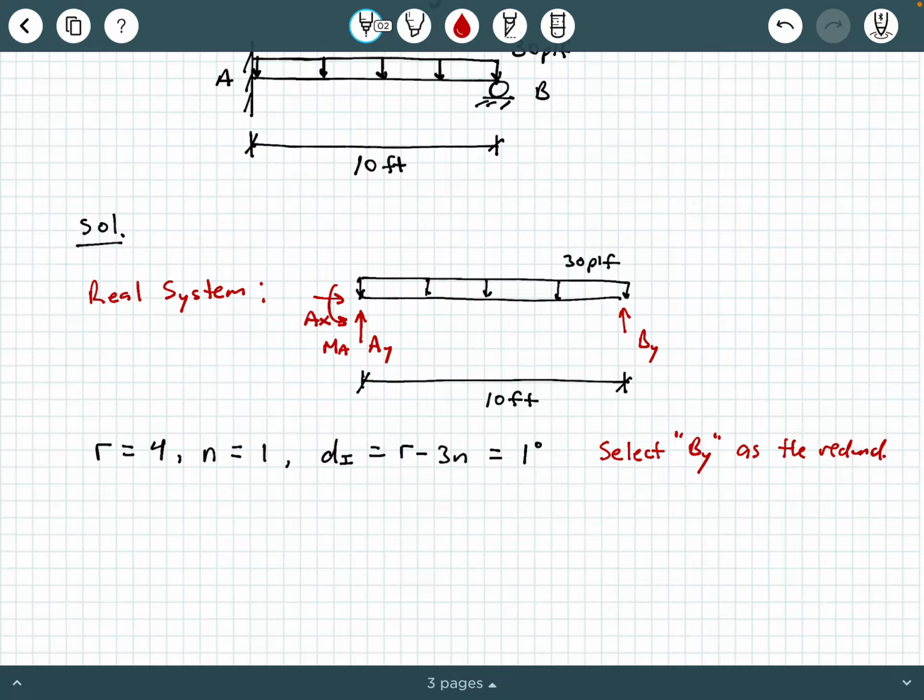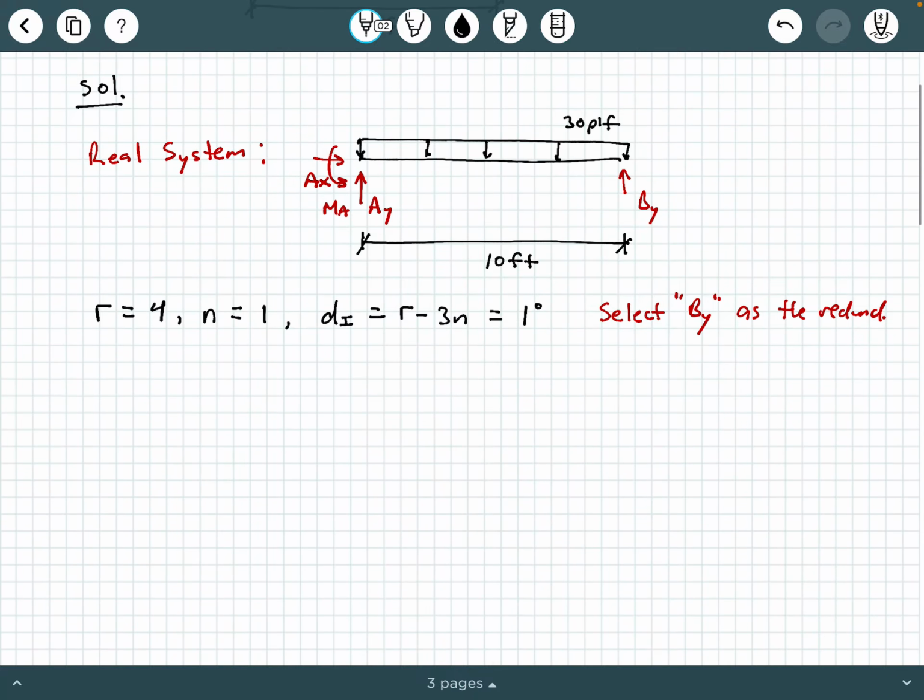So that's the general rule. The follow-up to that is, if you select a particular reaction to be a redundant, you want to make that selection such that you can perform deflection calculations with more ease and have less tedious deflection calculations. So that's also why we're selecting BY as the redundant.